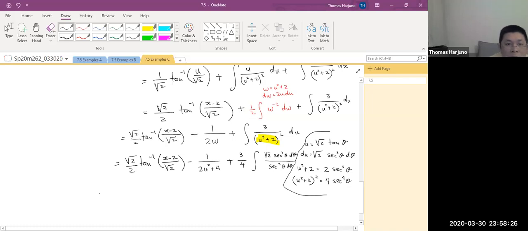Simplify that a bit further. Let me shift that even further to the left. This is actually 2x squared. What's that again?